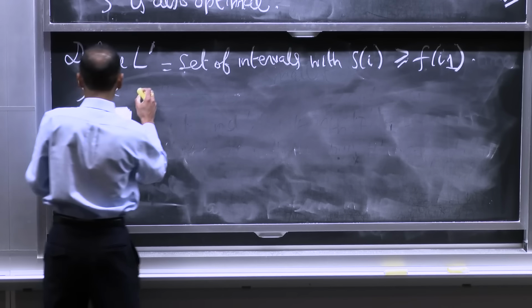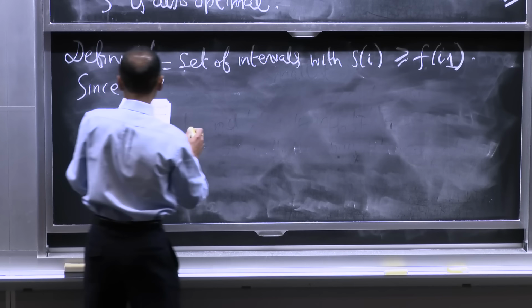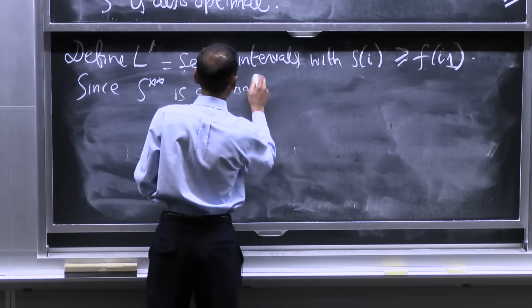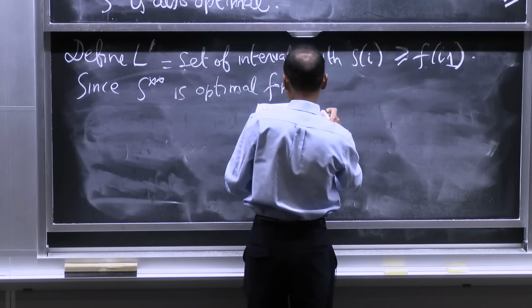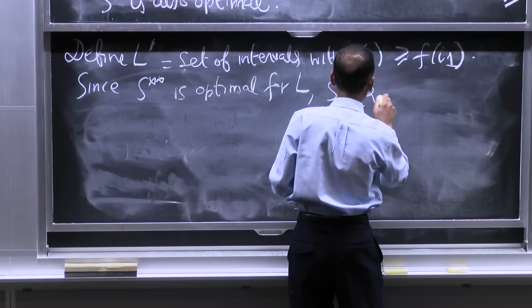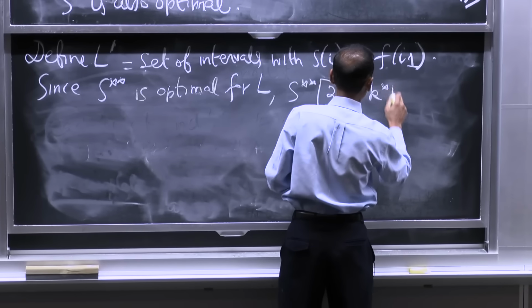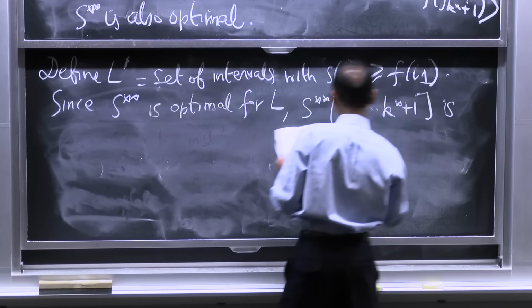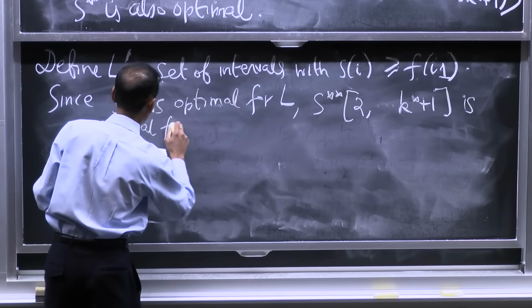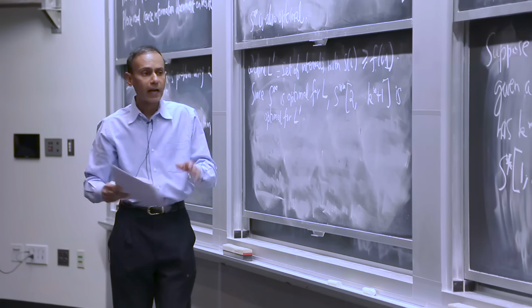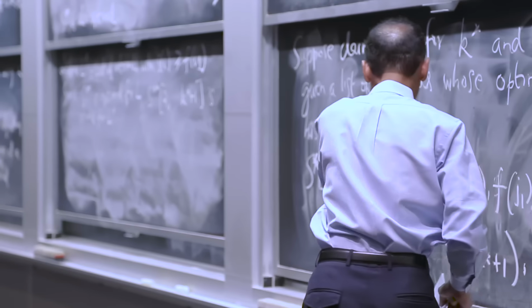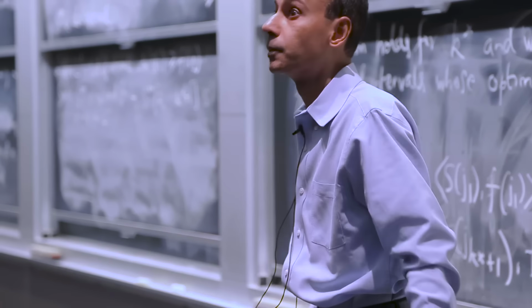I'm going to be able to say that since S double star is optimal for L, S double star 2 to K star plus 1 is optimal for L prime. Right? So I'm making a statement about this optimal solution. I know that's optimal.